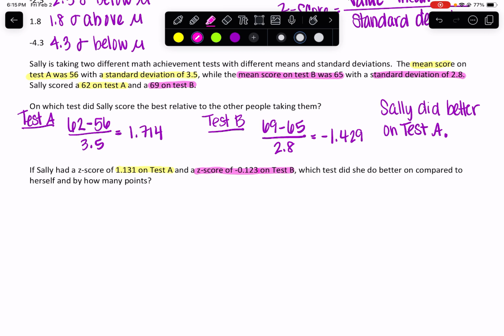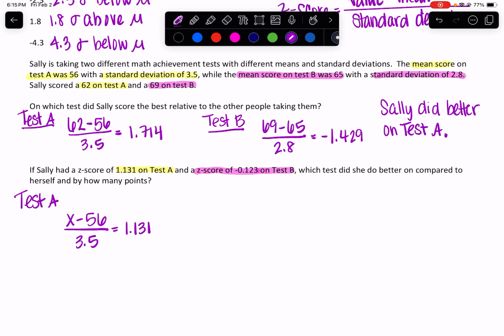So we don't really know how she did grade-wise on either of them, except for the fact that on test A, we don't know what her score was, but we know it had a mean of 56 and a standard deviation of 3.5, and she got a 1.131.